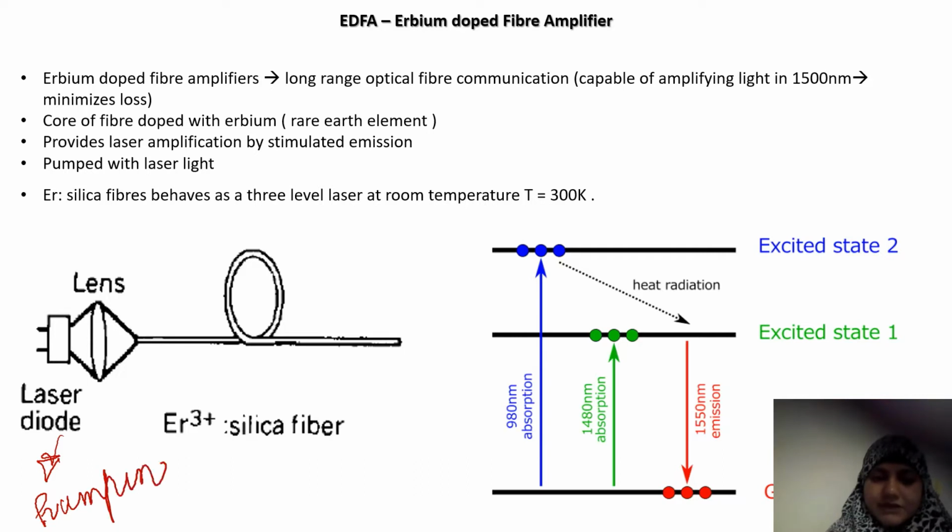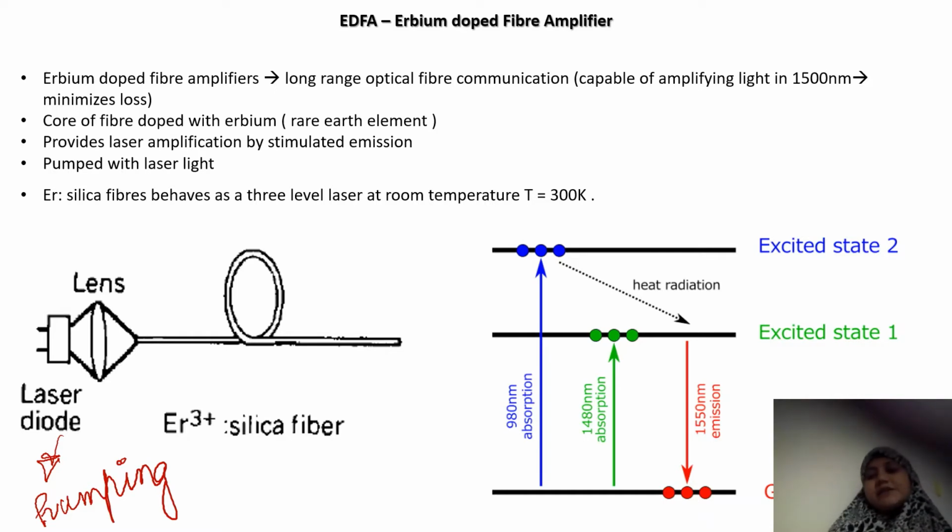It will pump the erbium atoms in the ground state to one of the excited states. Since erbium has a longer lifetime, population inversion, more atoms in the excited state than in the ground state, will be maintained for a longer time, until a signal photon arrives.